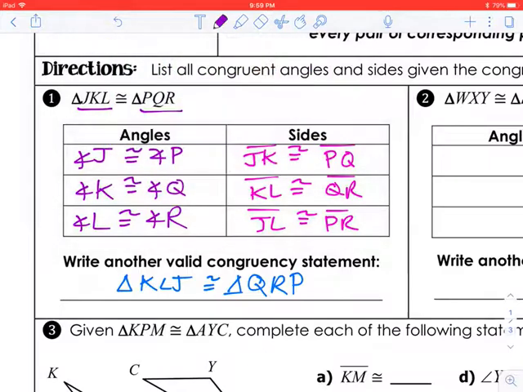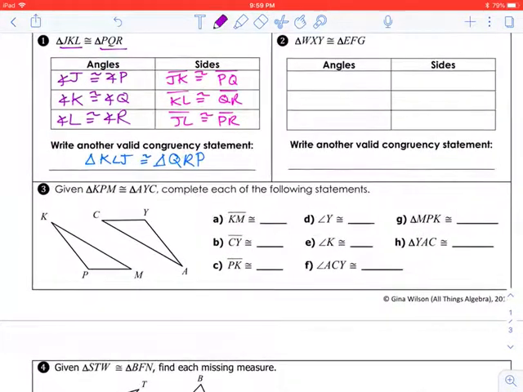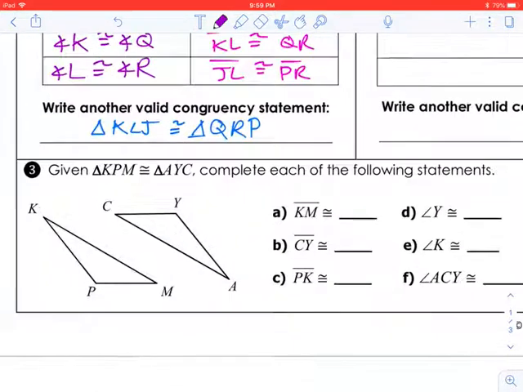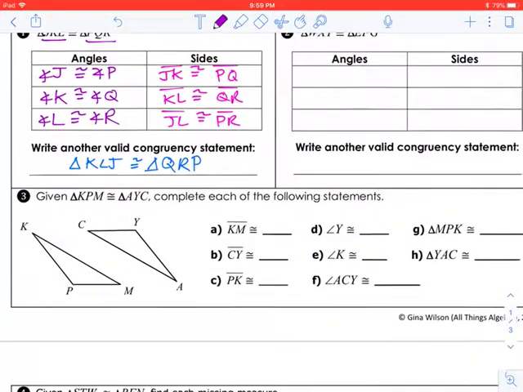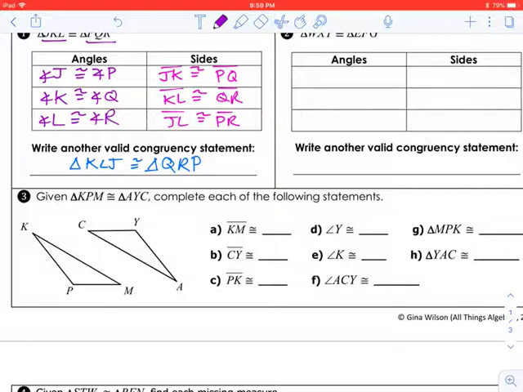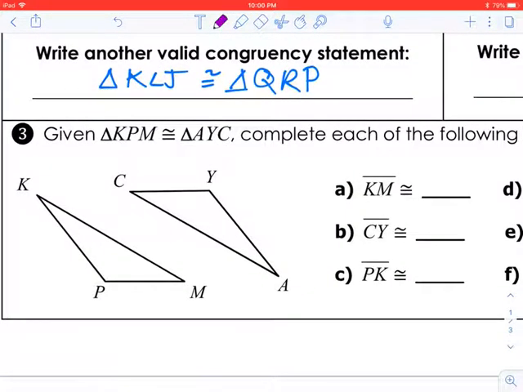Let's look at this next example. It just wants us to complete the following statements. Based on this congruency statement, what is the corresponding part that is congruent? We already know these two triangles are congruent, so now we just have to list what they're looking for. KM is a side. KM would be first and last, so first and last would be AC, which is this one.